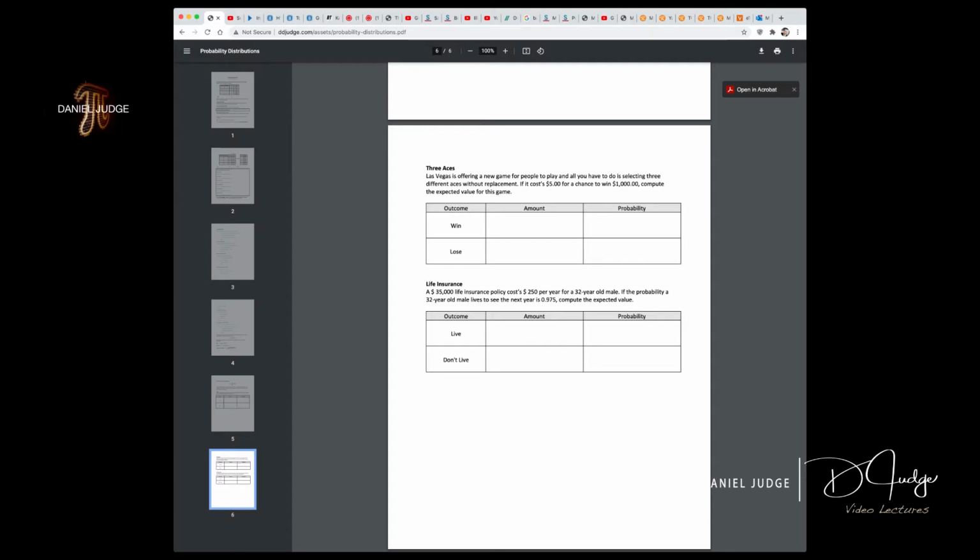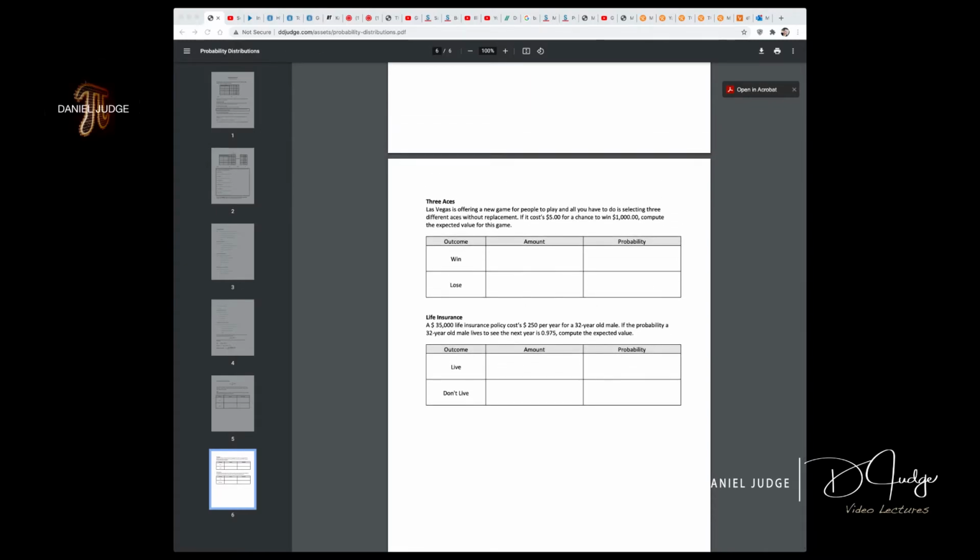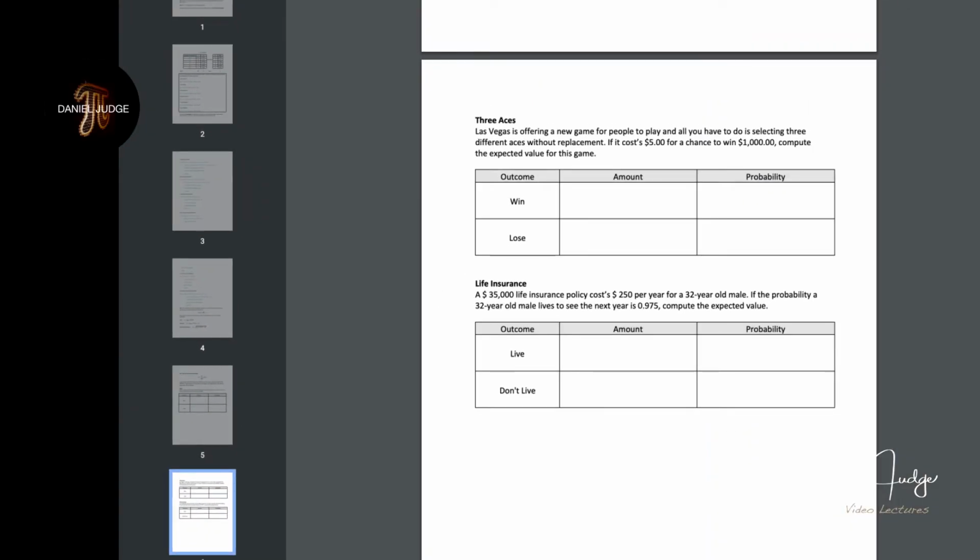So you go, okay, there's a life insurance, good. But I want to give you another kind of question here to go over as solutions, and this is the Las Vegas new game. I'll call it the 3 Aces game. These are some questions I've given to people in the past.